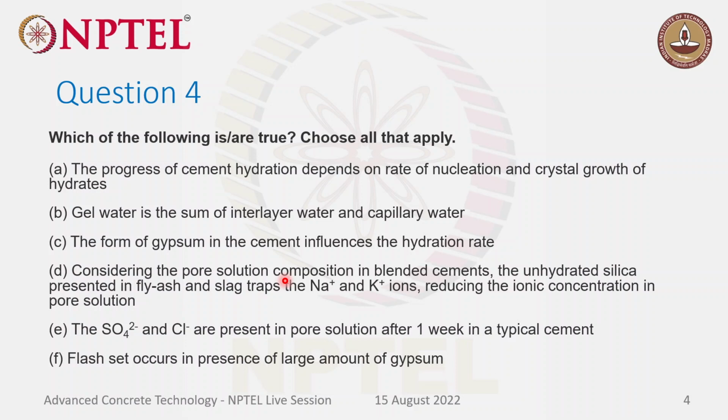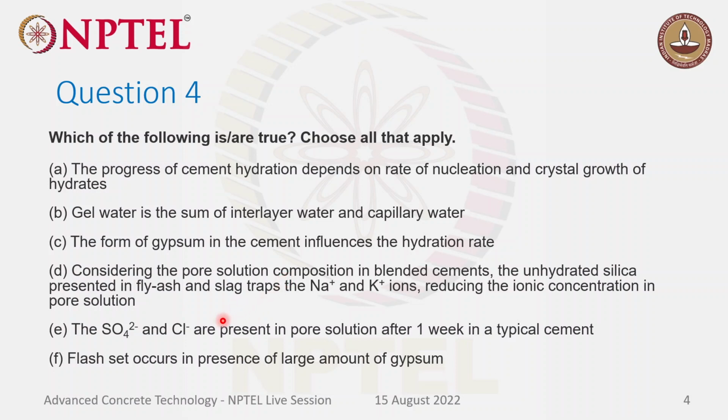That's why addition of fly ash and slag is helpful against certain types of chemical attack, because it traps these alkalis. So addition of fly ash and slag is beneficial in this way.